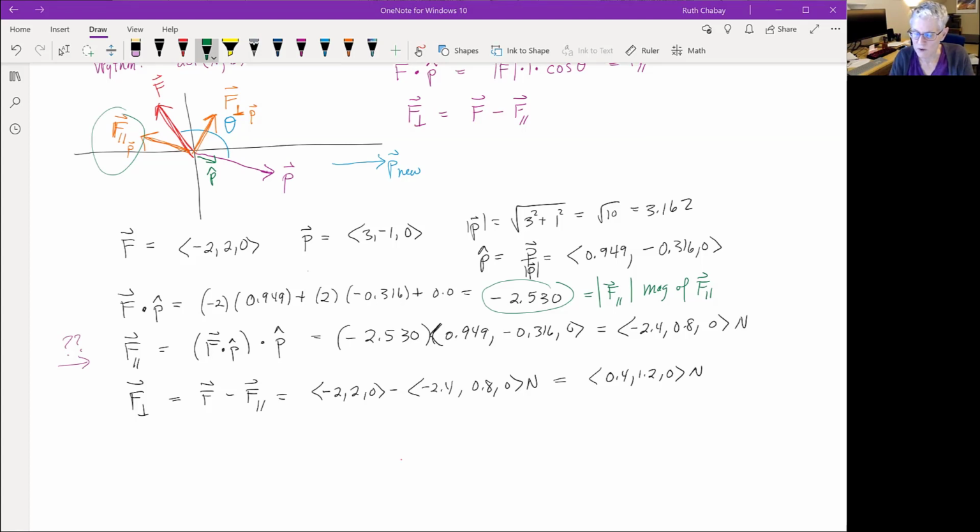Because remember, what was it parallel to? Well, it was parallel to P, so we want to convert it back to a vector. Does that make sense? And then once we've got it as a vector, we can subtract it from F and get F perpendicular. Again, what unit vectors are good for is taking magnitudes and giving them directions.